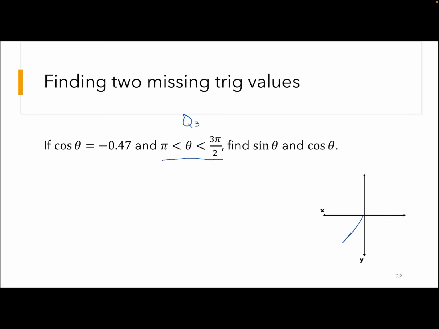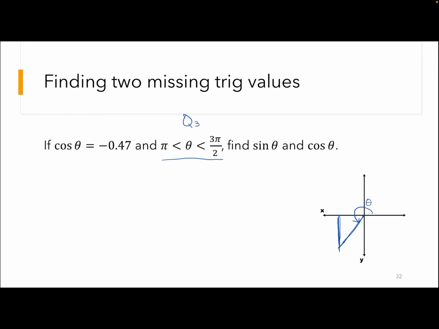So we get our angle. In this case, theta is here. So theta is that angle. And so what we can do again is just draw a right triangle to the horizontal axis.